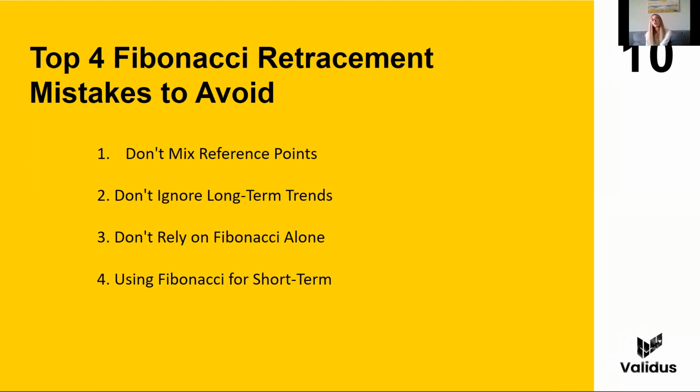Don't use Fibonacci for the short term. Day trading in the Forex market is exciting, but there is a lot of volatility, especially for a new trader. You will see a lot of noise and you won't be able to recognize the main moves in the chart. For this reason, applying Fibonacci retracement over a short time frame is ineffective. The shorter the time frame, the less reliable the retracement levels.